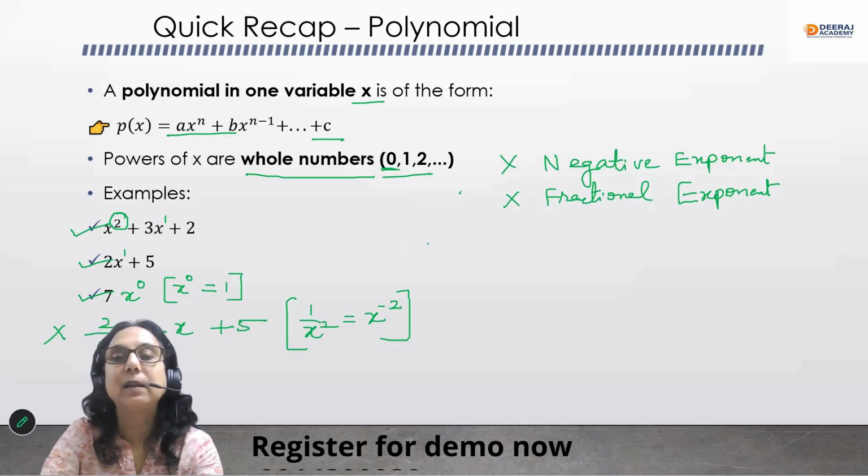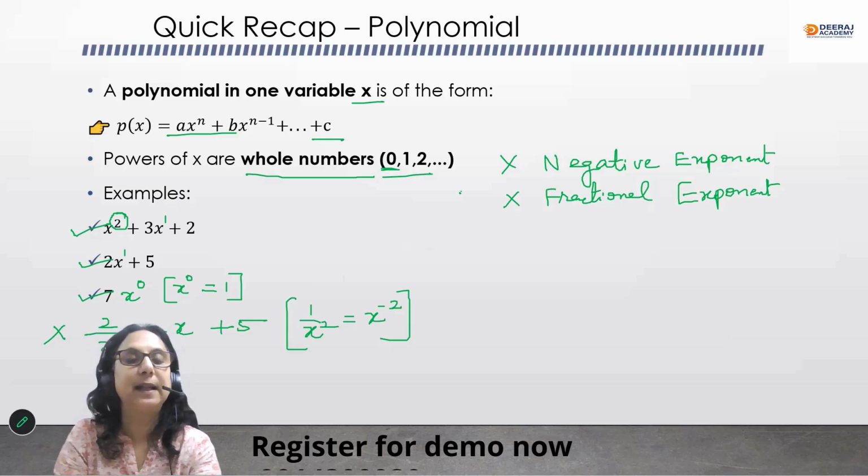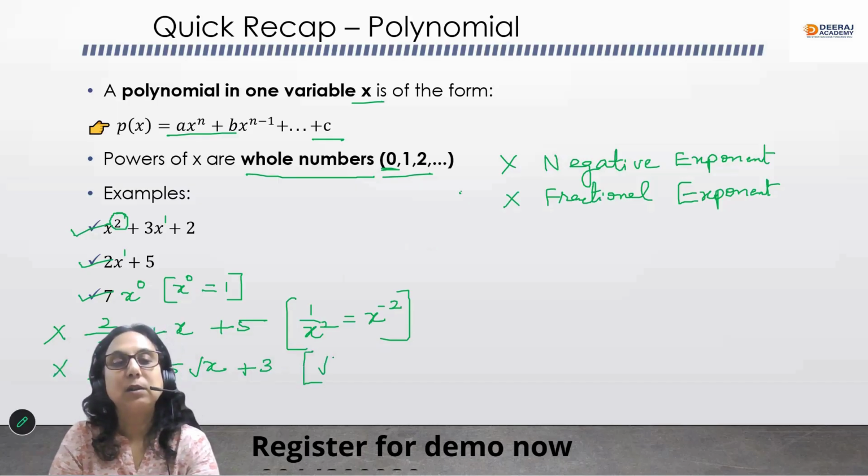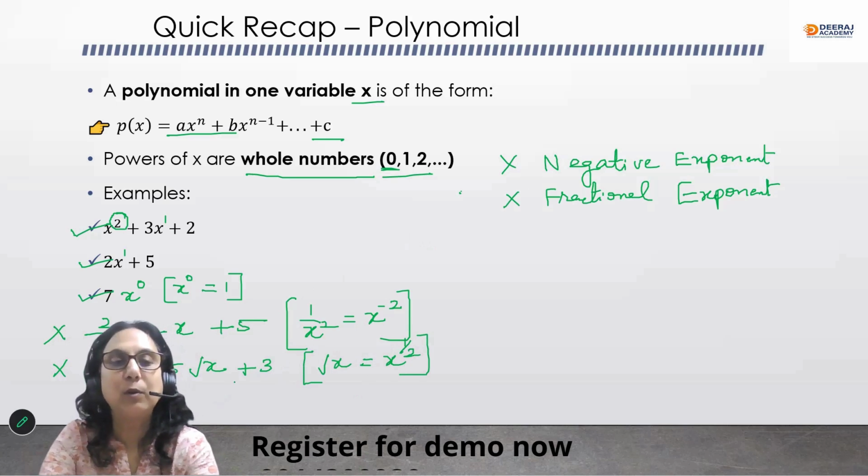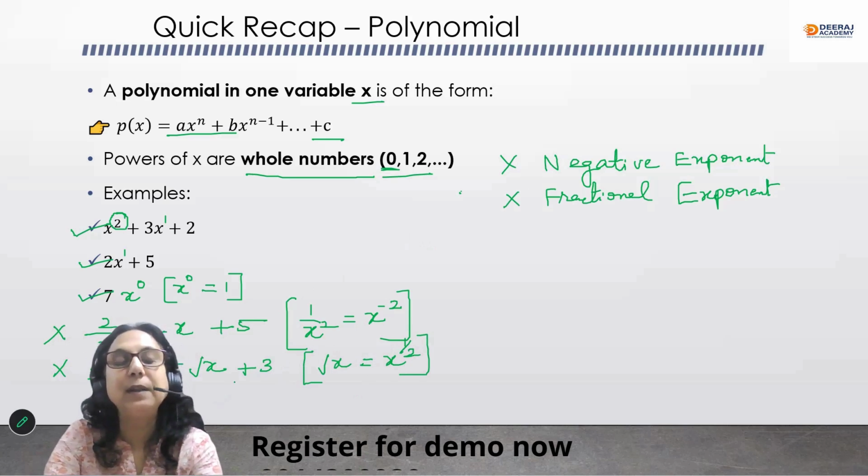And if we have fractional exponents, like 2x square plus 5 root x plus 3, this is also not a polynomial, because root x means x to the power half. The exponent is a fraction.